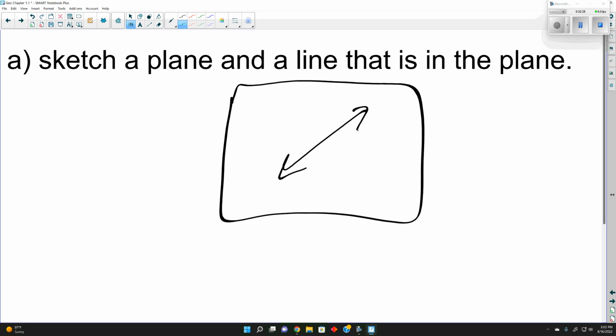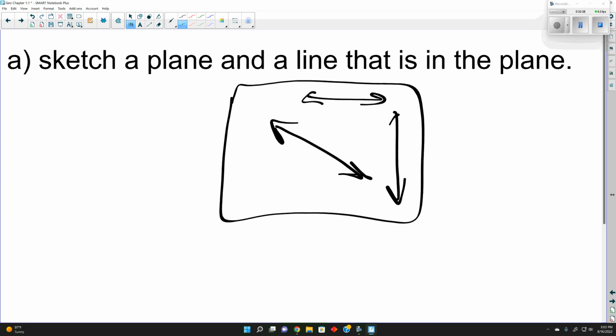Yeah, it could be in any direction. I just picked one. Because it didn't have to be in this way. Because it could go this way, over here, over here. Any way we draw a line in the plane, it still works.